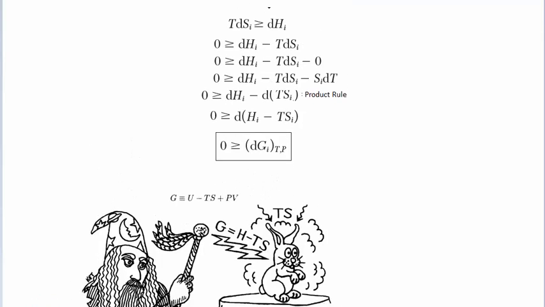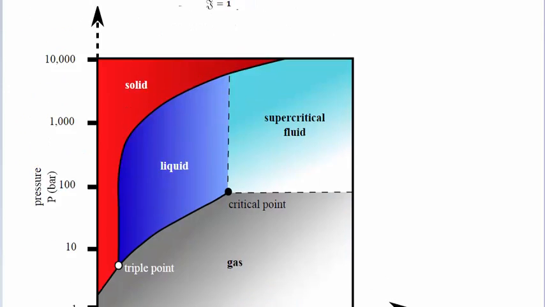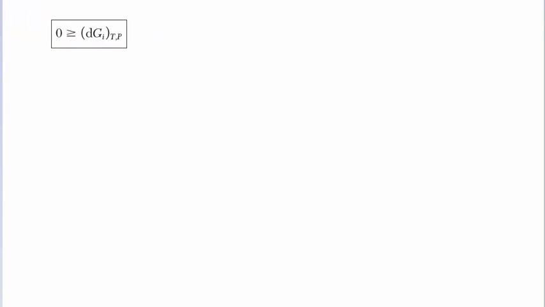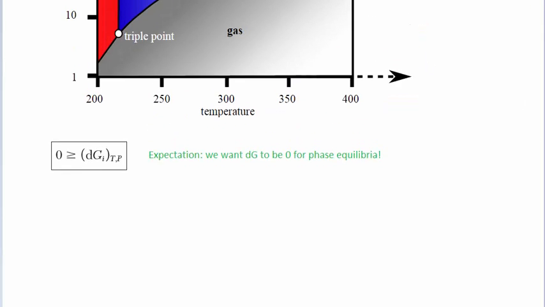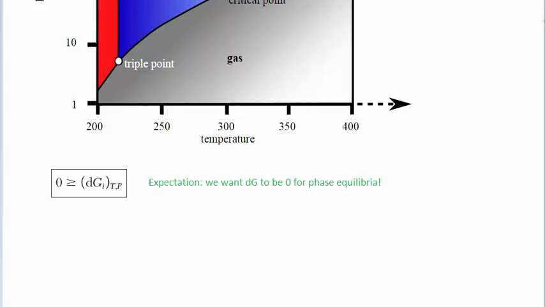Okay, so why do we care about this in the context of this expression right here? Our expectation is that we want dG to be 0 for phase equilibria. So again, if delta G or dG is negative, that implies there is some spontaneous process going on, that it has directionality.